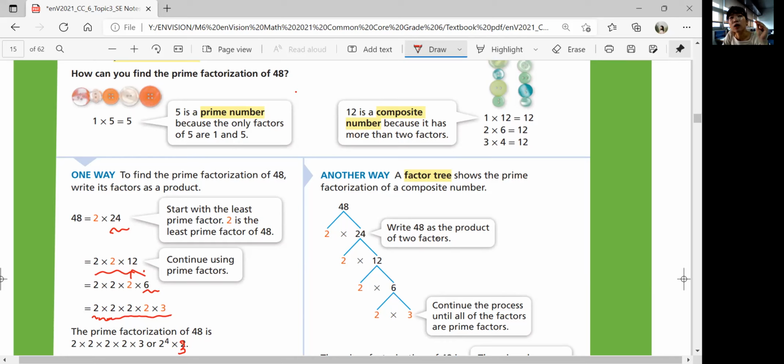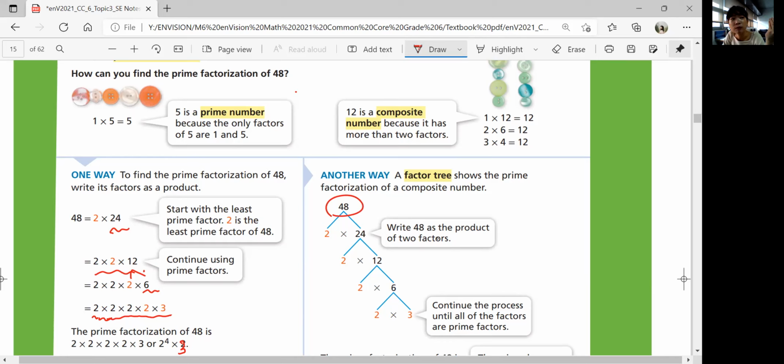You can also use something called a factor tree to figure out the prime factorization. You can start with 48 and then factor out a prime number times a composite number. Okay, 2 times 24. And then you can factor out 24 again to a prime number and a composite number.